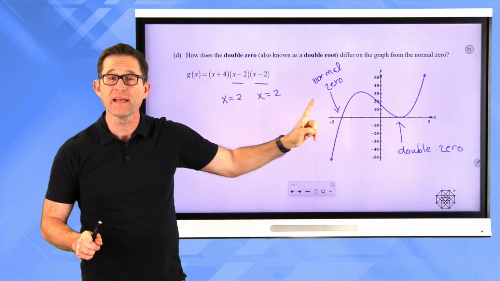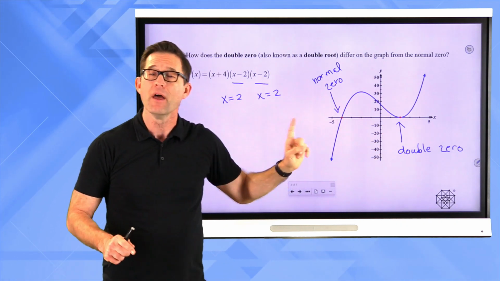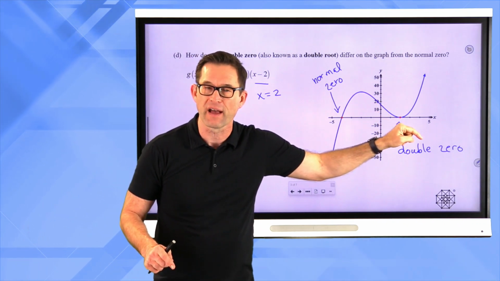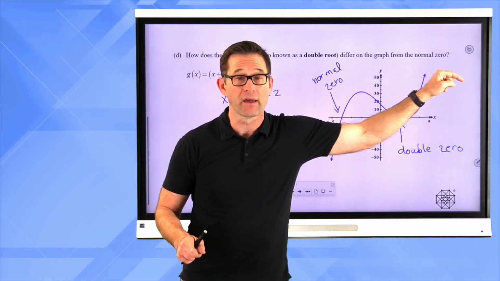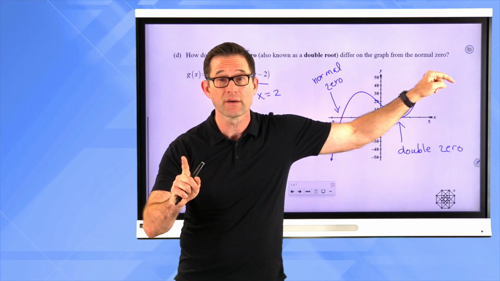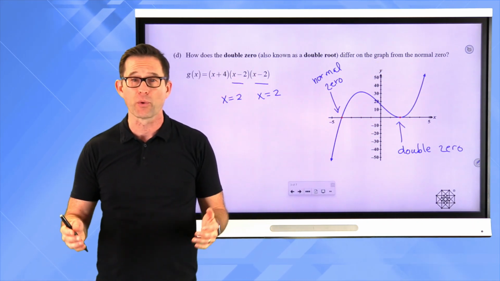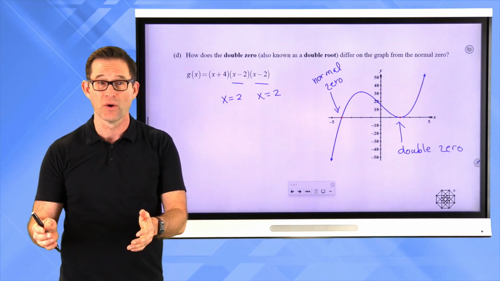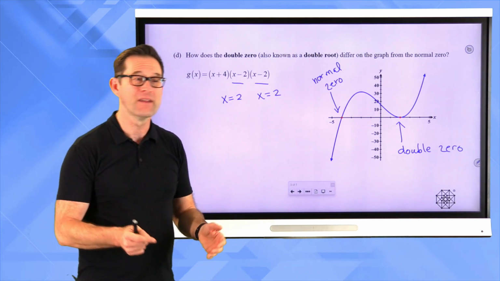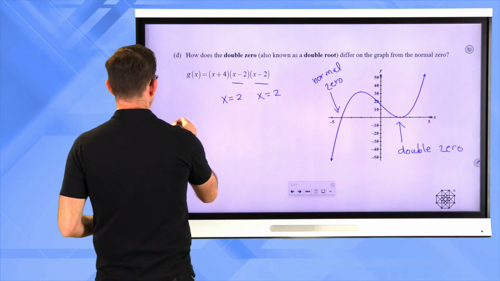And of course, it makes sense that it just touches and goes back up, because were it to go below the x-axis and then come back up, which it must, because it's a cubic, it would have 3 distinct zeros, but it doesn't.